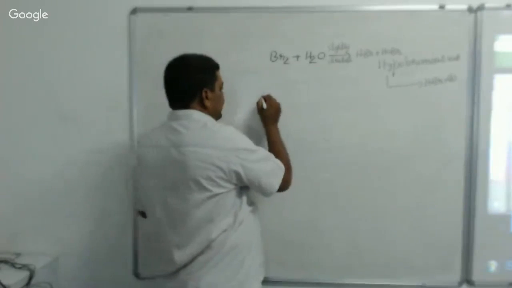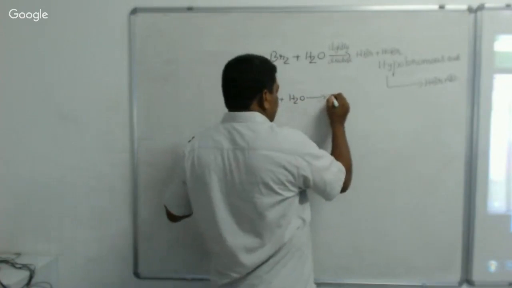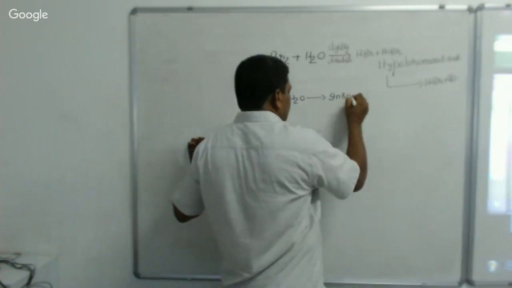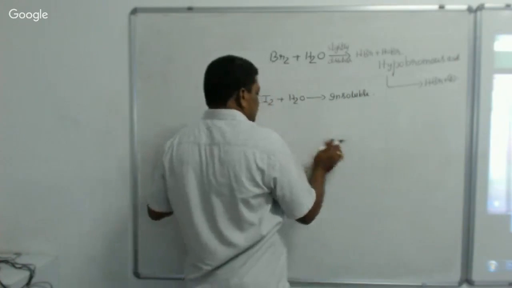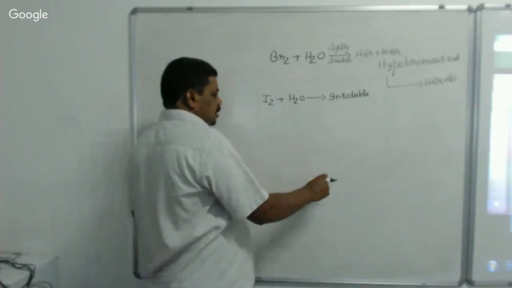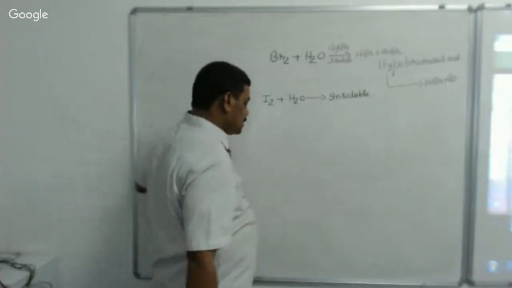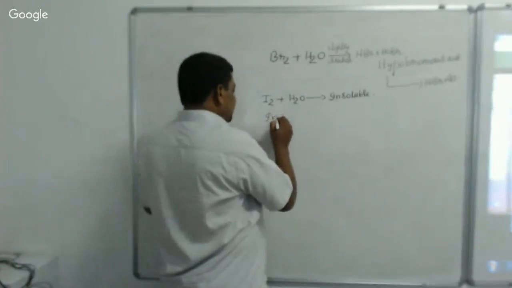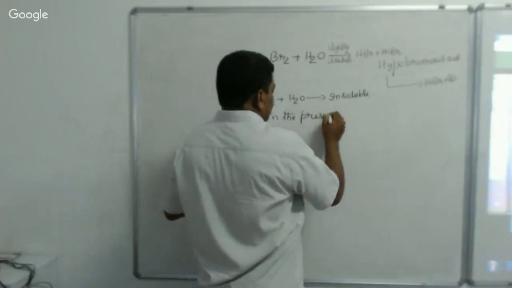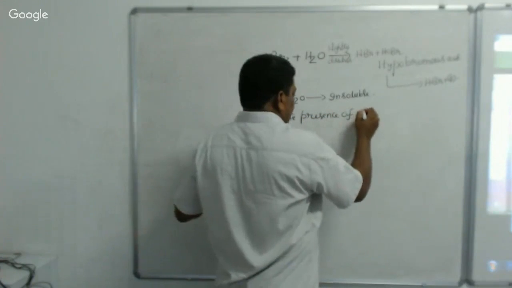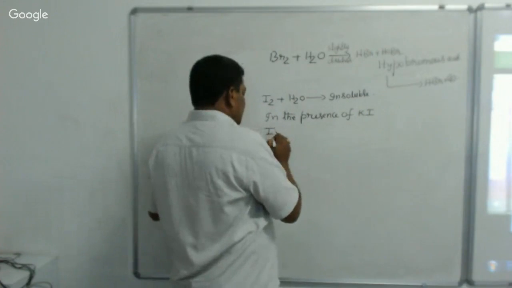Now in the case of iodine, it has no water solubility, it is insoluble in water. So iodine is not soluble in water, but in the presence of KI, iodine is soluble in water.